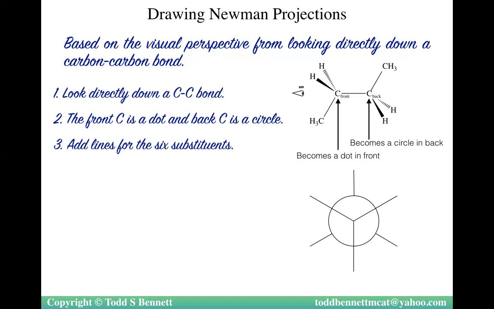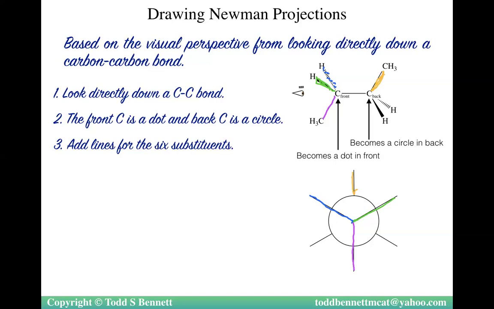So I'm going to color coordinate it. This is on the front carbon, so that's this one. This is coming out, so it would be this one. This is going back, so that's this one on the front carbon. As far as the back carbon goes, the CH3 is sticking straight up.